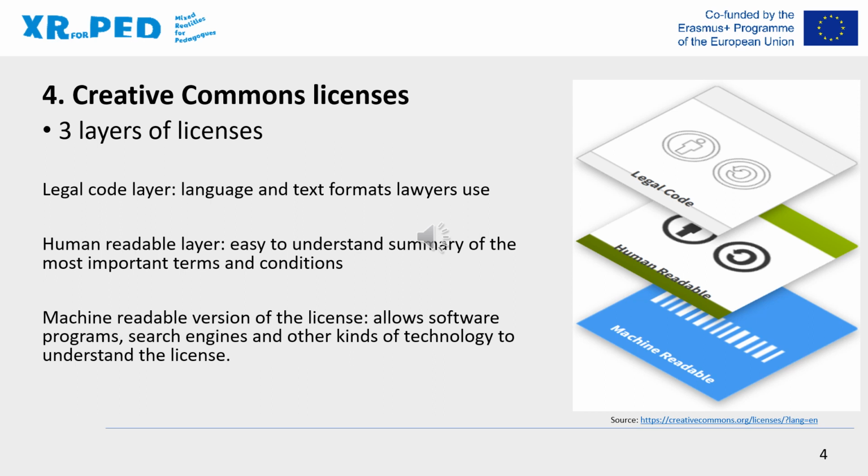The human readable layer is a handy reference for licensors and licensees, summarizing and expressing some of the most important terms and conditions. The machine-readable version of the license is software code added to the digital work, allowing software programs, search engines, and other kinds of technology to understand the license.